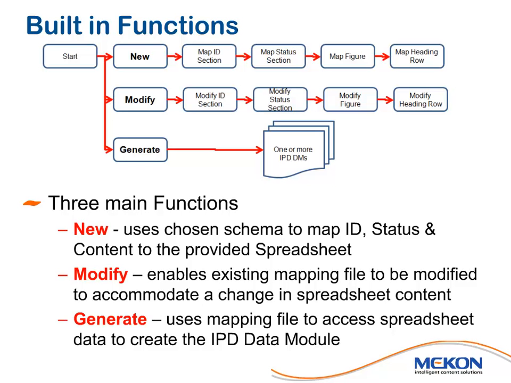The modify function enables you to change any of those mapping bits and pieces. You may change your spreadsheet so that you've added more items for mapping, so it's very easy to modify it to cope with that. And the generate part uses the mapping file to work with the various spreadsheet files so that you can create data modules.